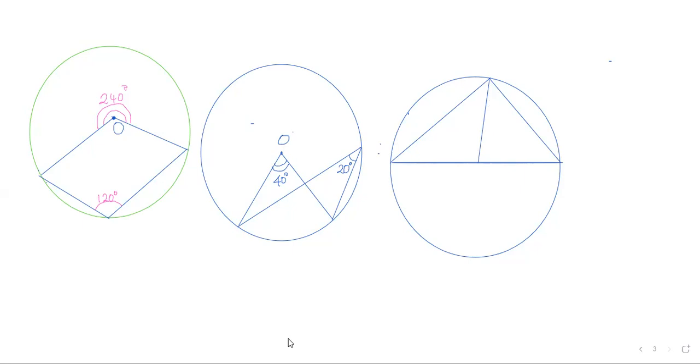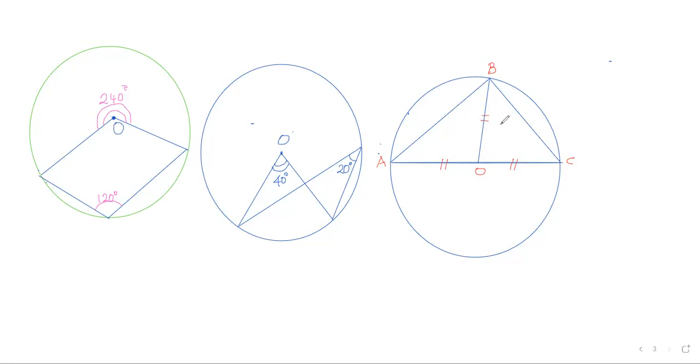If that line passes through the center of a circle, let's label it A, B, C, O. It means AO is equal to CO. It's the same as BO.